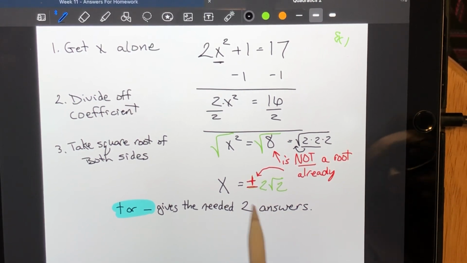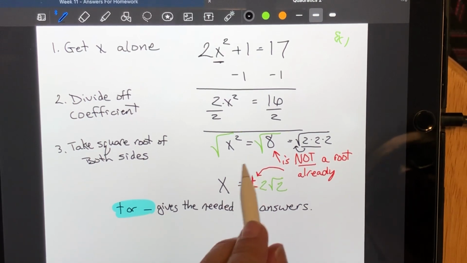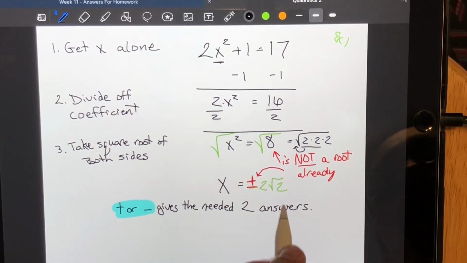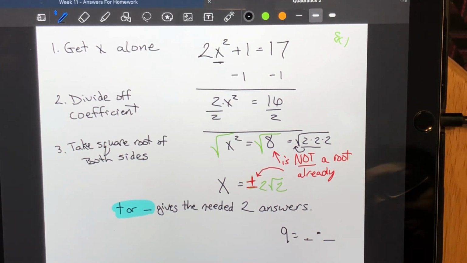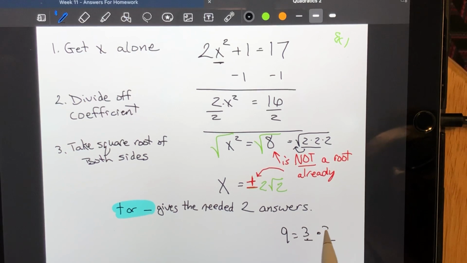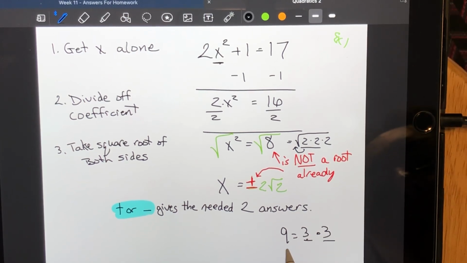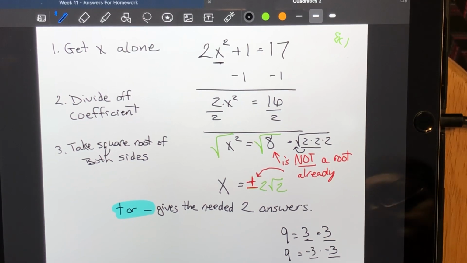And a great example for this is if I replace my term of x squared with a 9, and I'm asking myself, what 2 numbers can multiply together to be 9? I can have the solution of 3 times 3 multiplied to be 9. I can also have the solution of -3 times -3 also give me the answer of 9.